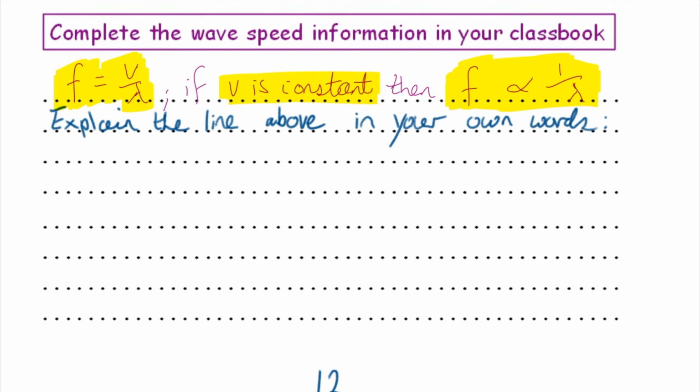Every wave in the electromagnetic spectrum has a constant velocity of 3 times 10 to the 8, 300 million meters per second. So let's have a look at a piece of software that will help with your understanding.